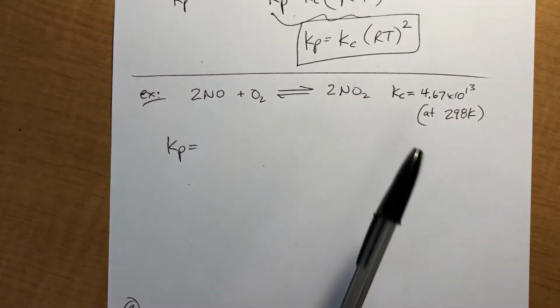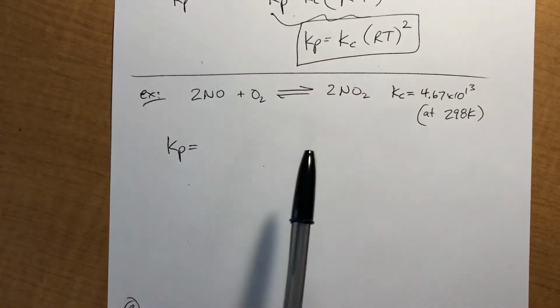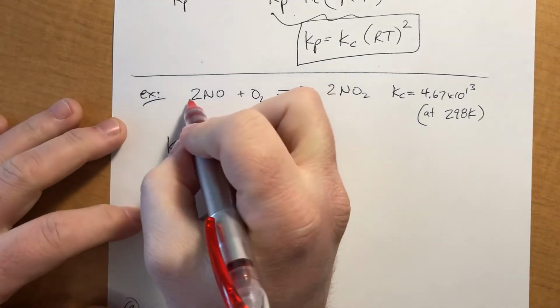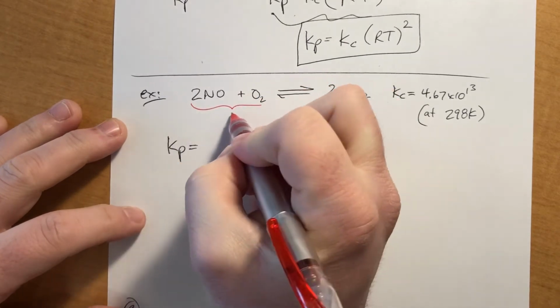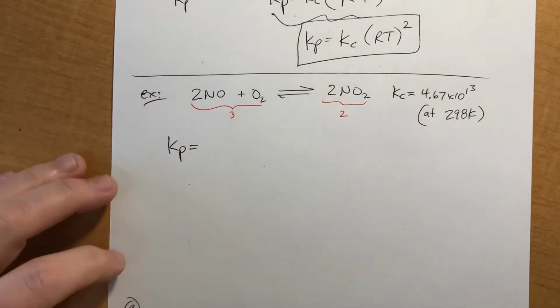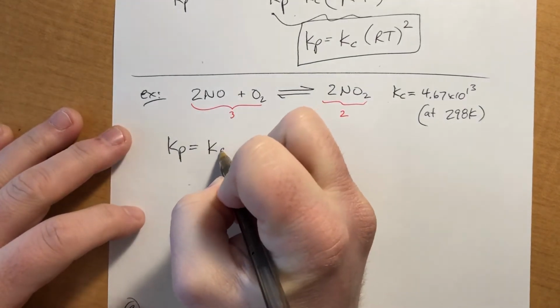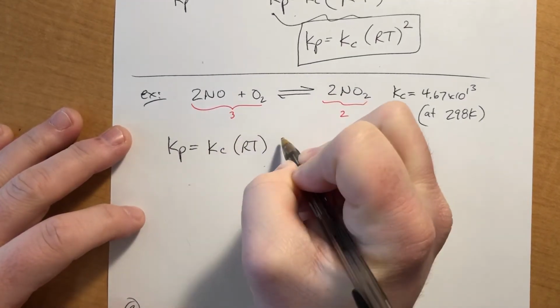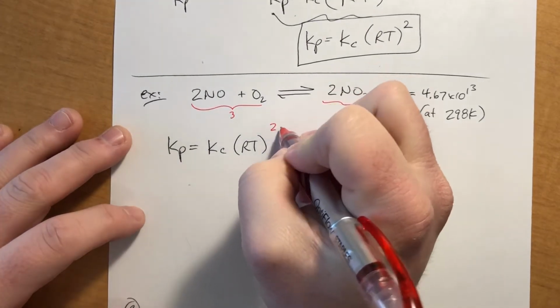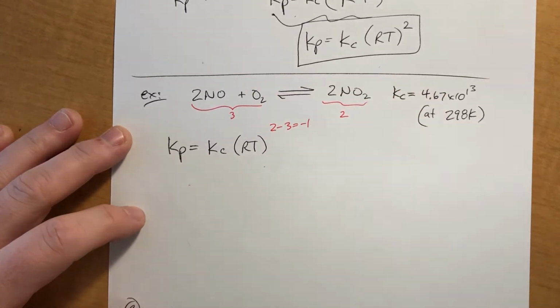Well, it should be equal to Kc times RT raised to some sort of exponent. On this side, we have 2 moles and 1 mole, so that's 3. On this side, we only have one thing, so it's 2. So this should be equal to Kc times RT to the -1. Right? Products minus reactants equals -1.